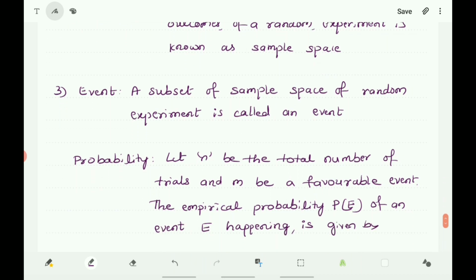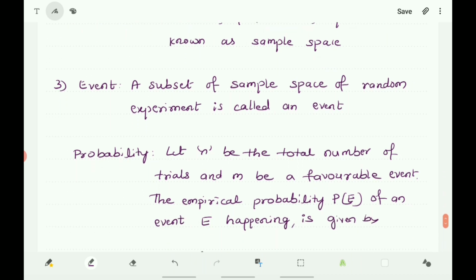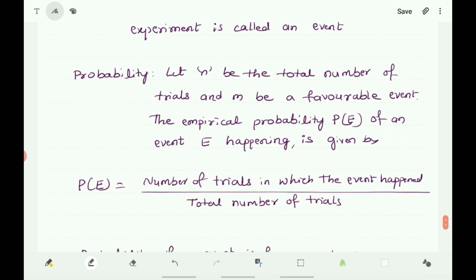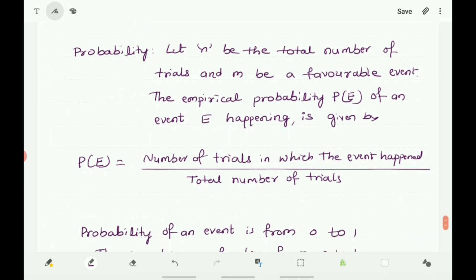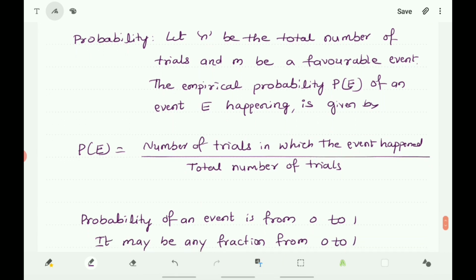Next, what is probability? The definition of probability is as follows. Here, let n be the total number of trials and m be the favorable events. The empirical probability P(E) of an event E happening is given by P(E) equals the number of trials in which the event happened divided by the total number of trials.